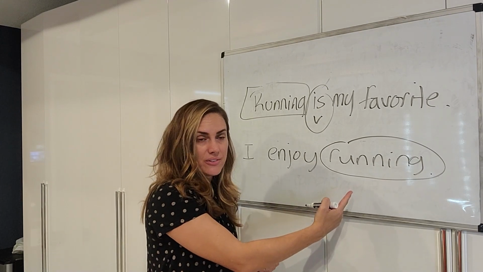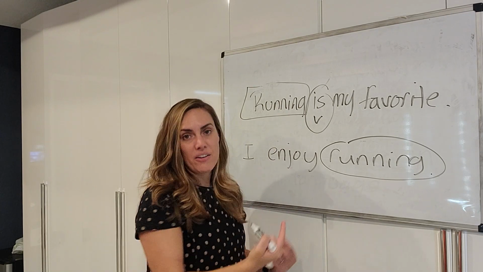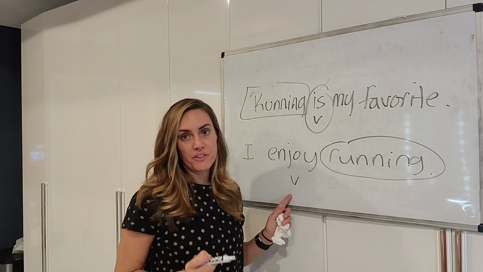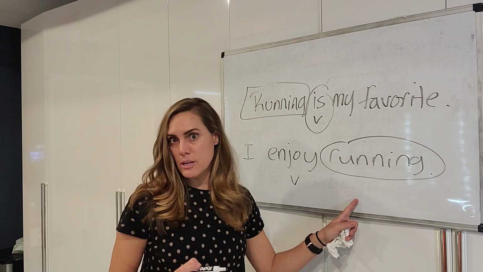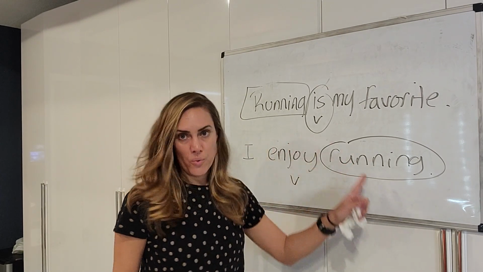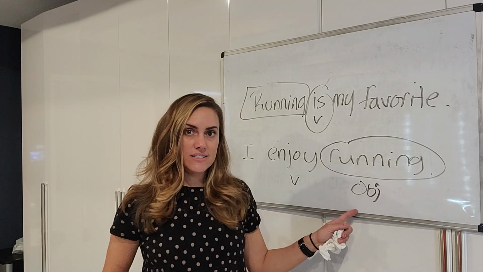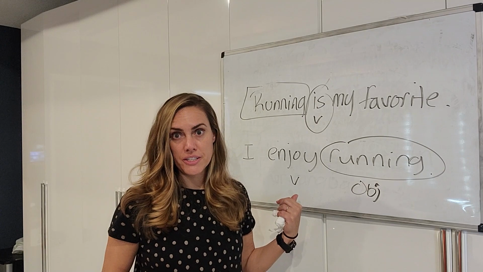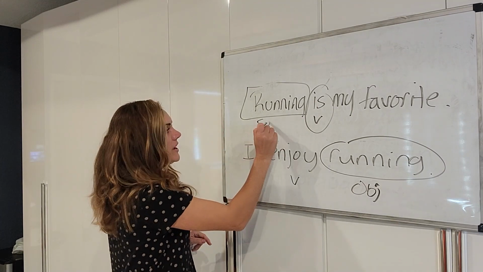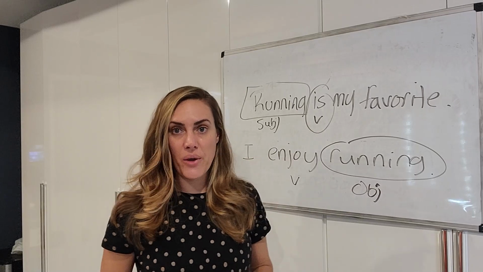Remember, it's a noun, right? Just like this is. And it's coming after a verb. After verbs, we can have nouns sometimes. And in this case, we do. I enjoy running. So this is the object of the verb, actually. Okay, here we have the subject. This is the subject of this sentence, okay?